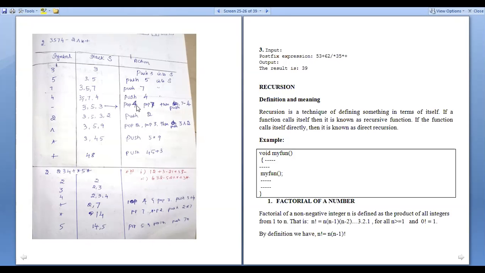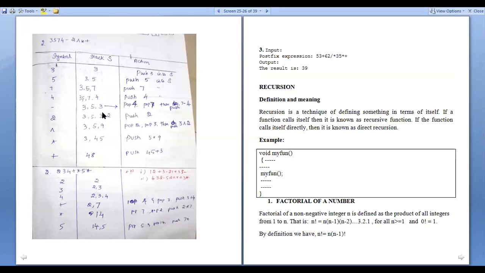We should not perform the operation as 4 minus 7, even though 4 is the last operand pushed into the stack. It should be 7 minus 4. Whatever the result is will be pushed to the stack.